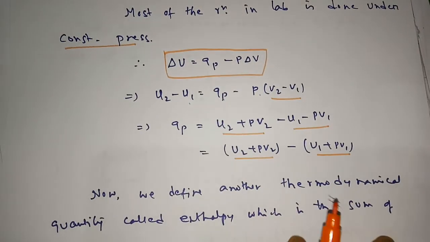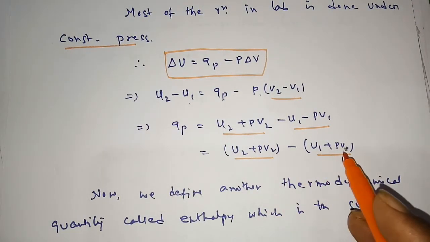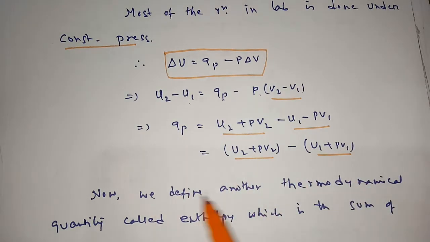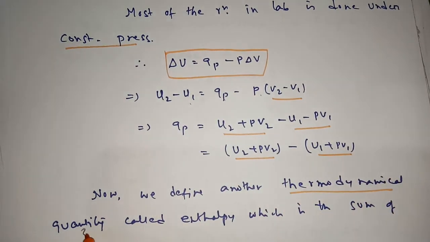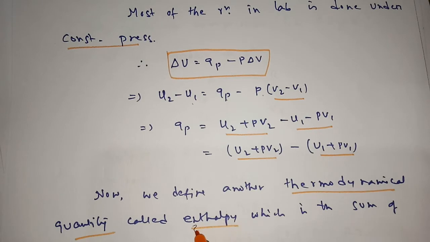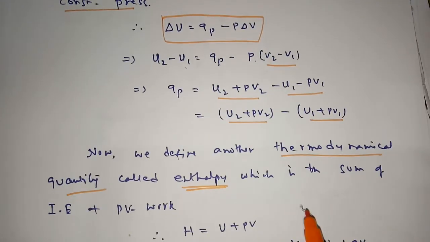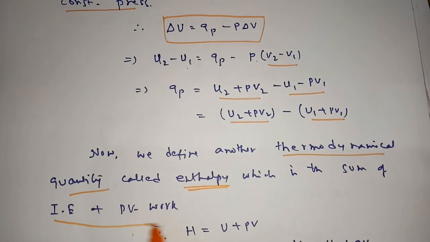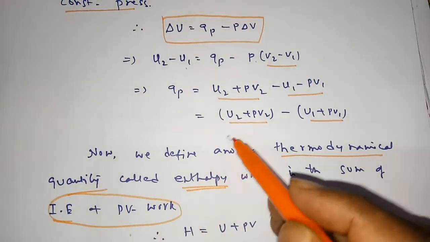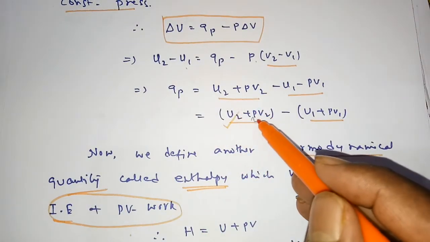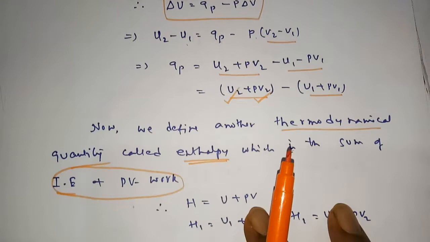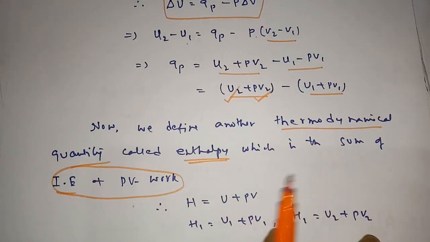Now this U1 plus PV1 or U2 plus PV2 gives us another thermodynamic quantity called enthalpy. So what is enthalpy? It is the sum of the internal energy plus pressure-volume work. So H equals U plus PV.